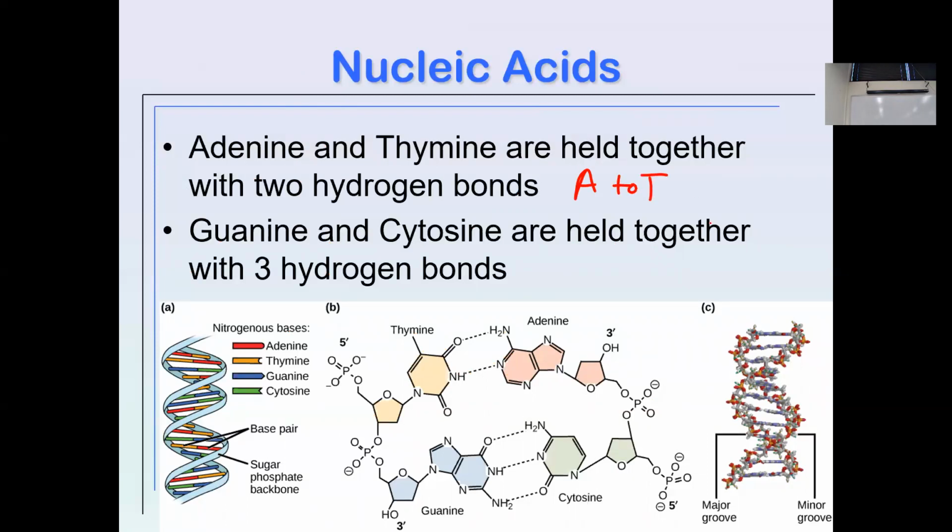A to T, 2, C to G, 3. Whatever, and rearrange that. I've not tried to make some mnemonic out of that. Rearrange that to something that's easy for you to remember. So that's kind of the takeaway there.